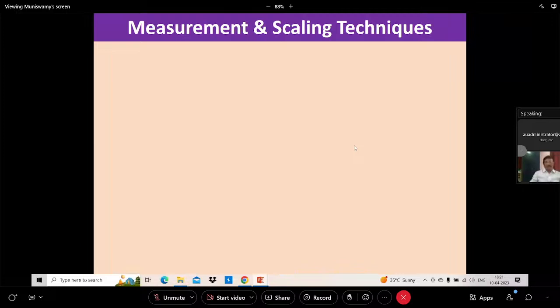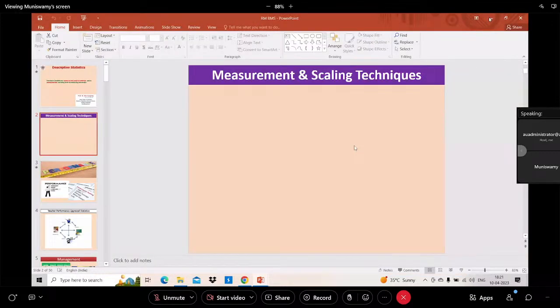Oh, no, my screen is shared. Just a moment, I'm checking my screen. See, no screen share. Just a moment.